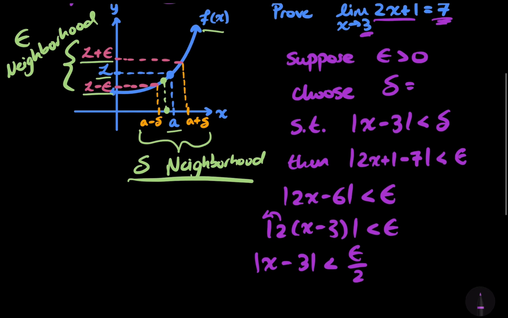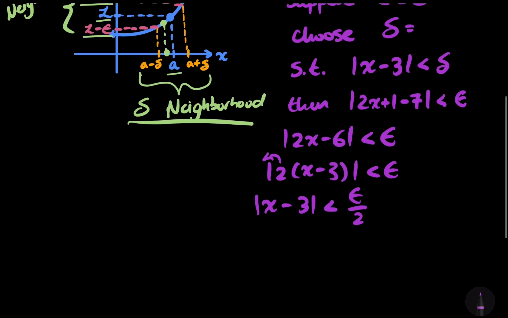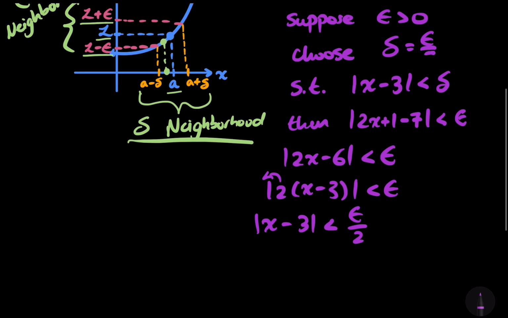Essentially what we're saying here is whenever the distance between x and 3 is less than delta, we can define delta, and in this case, we can define delta to be equal to epsilon over 2. We came to this point in the inequality where the distance between x and 3 is less than epsilon over 2. However, we also know that the distance between x and 3 has to be less than delta. So suppose that delta is equal to epsilon over 2.